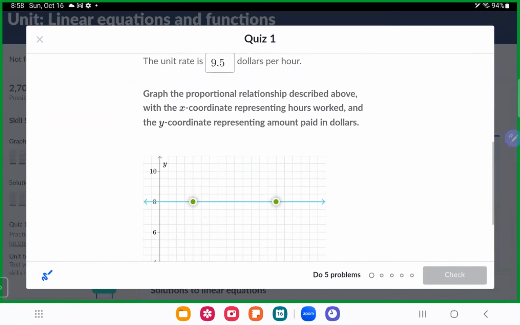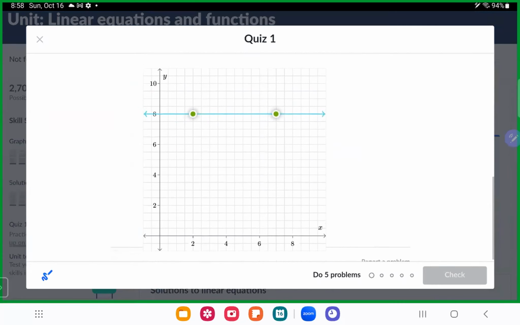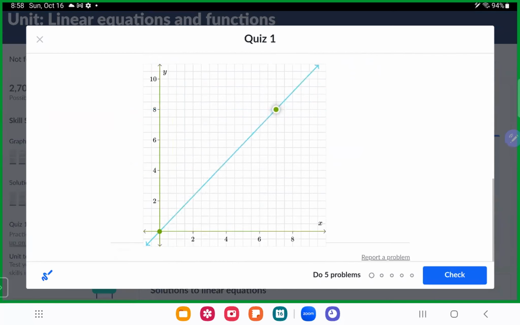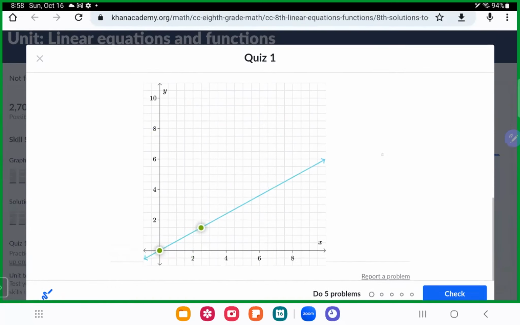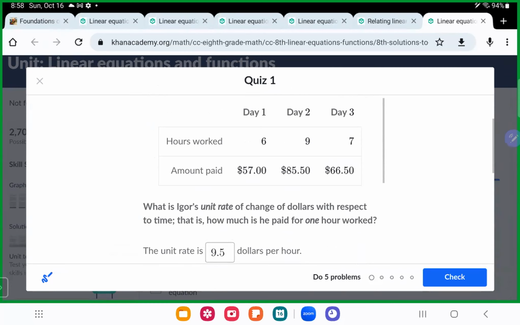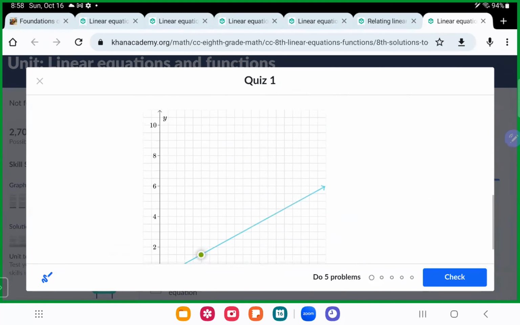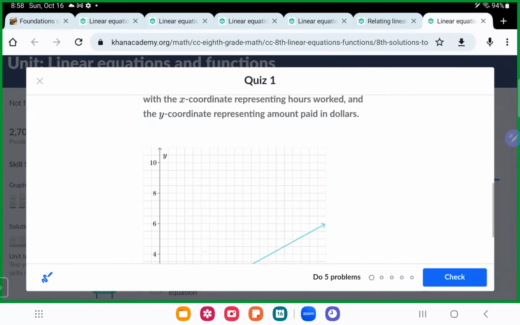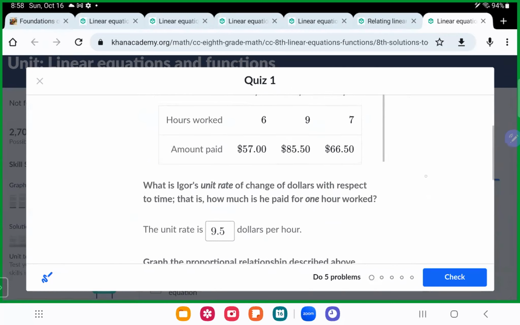Graph the proportional relationship. The nice thing is, if it has that unit rate, then we can just graph 9.5, but we can graph any of these. How about 6, 57? Can I graph that? I don't have enough room.